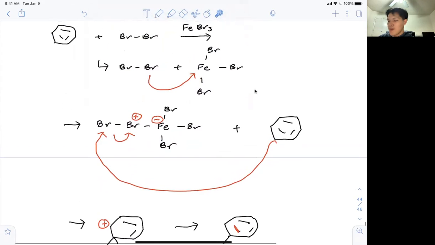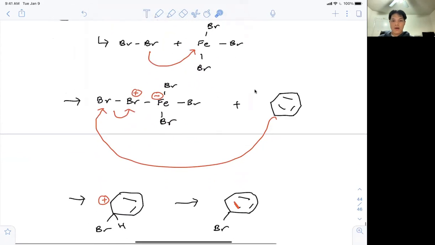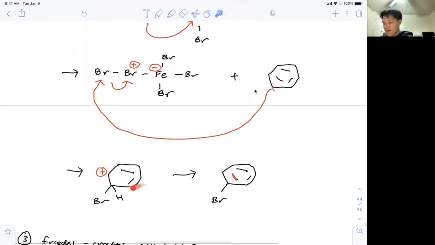So again, Br attacks the Fe, the aromatic ring attacks the Br, while the Br to Br bond leaves. And then you have the Br on the aromatic ring. And then you can do an E2 type reaction. I didn't show it here, where you form that double bond again.